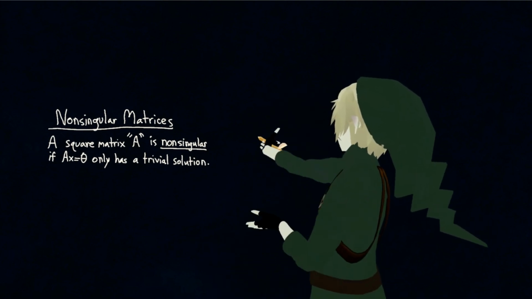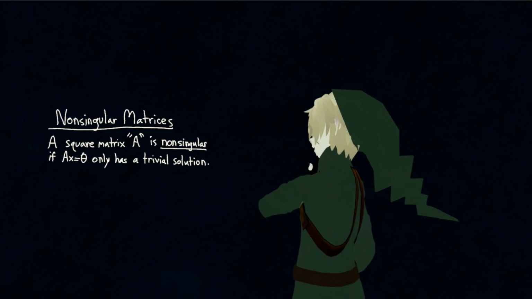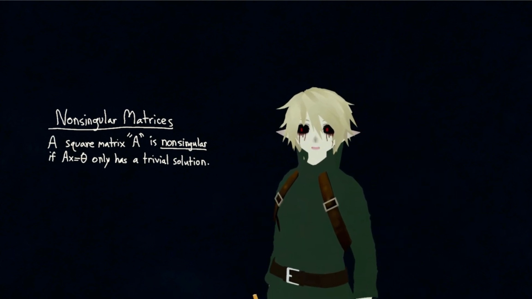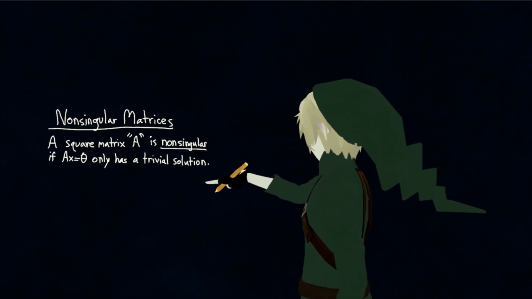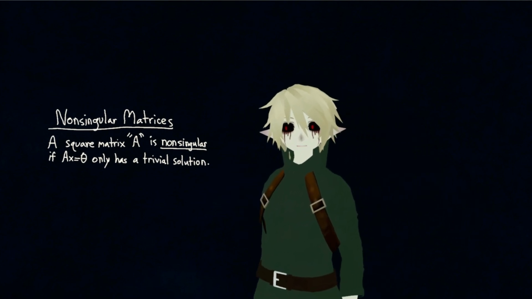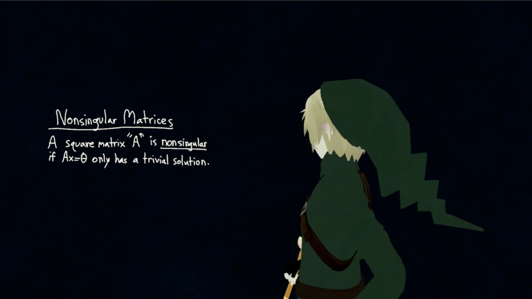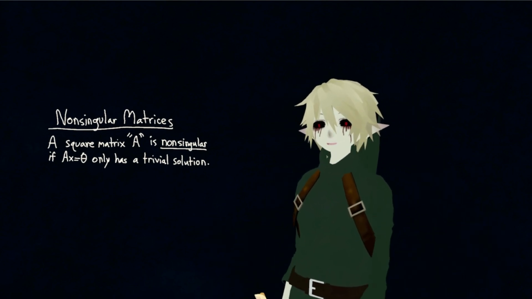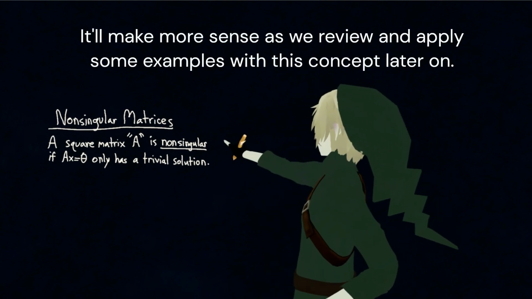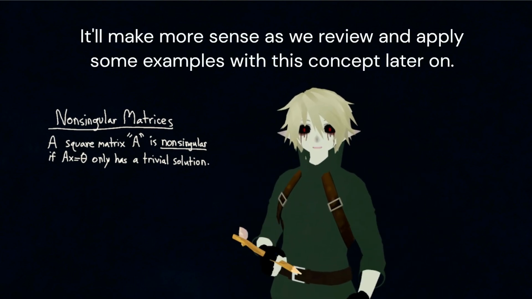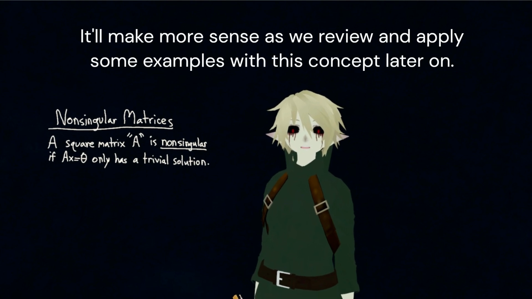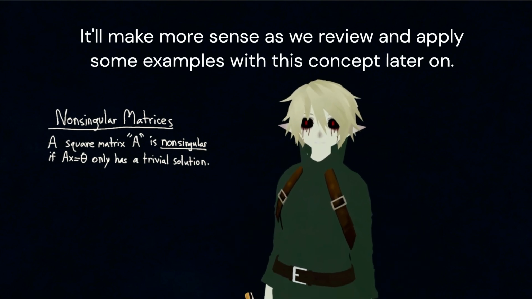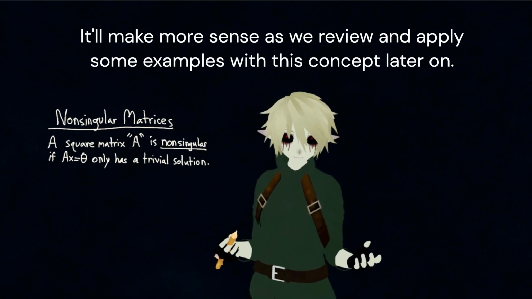So essentially, a non-singular matrix is a square matrix where if you put it into a homogeneous matrix equation, it will only give a trivial solution. So that's literally all that is, right? If you put this matrix into a matrix equation and set it equal to a zero vector, and the only solution comes out as a trivial solution, then it's non-singular.